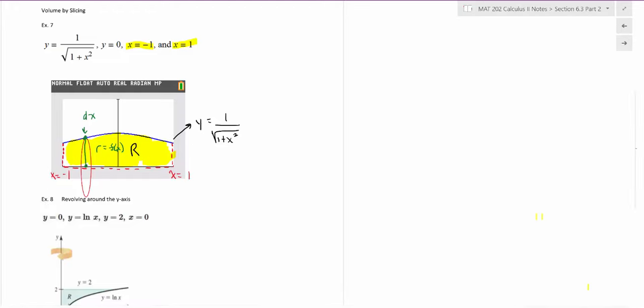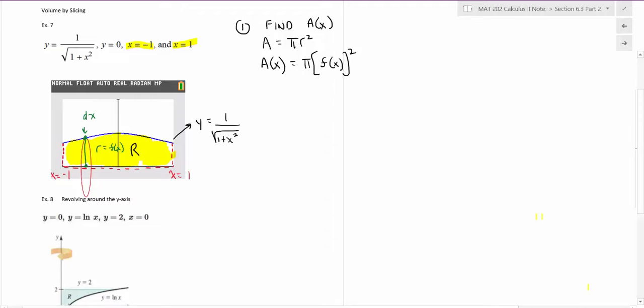Okay, so step one in this problem is we want to find that area function. This is always pretty much the same. We know an area of a circle is pi r squared. We know in this diagram that the radius is just the function value, and we know the function value is what I gave you right there.